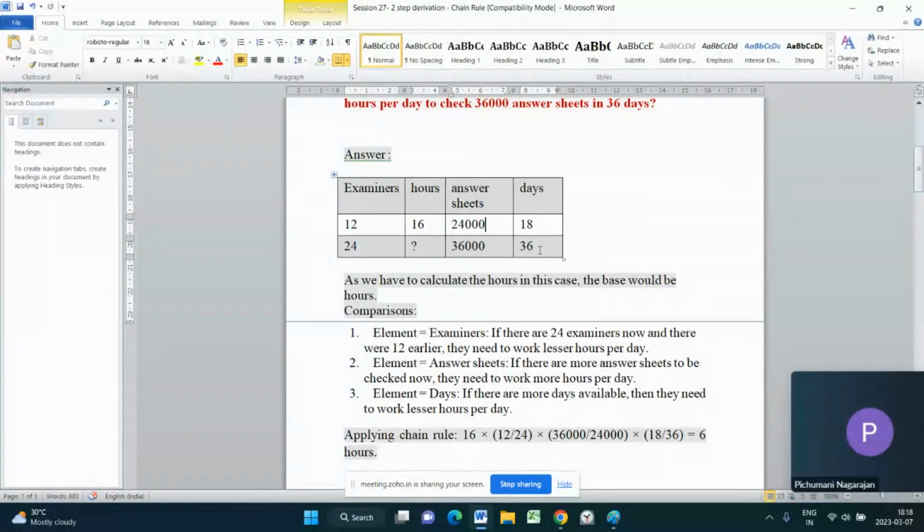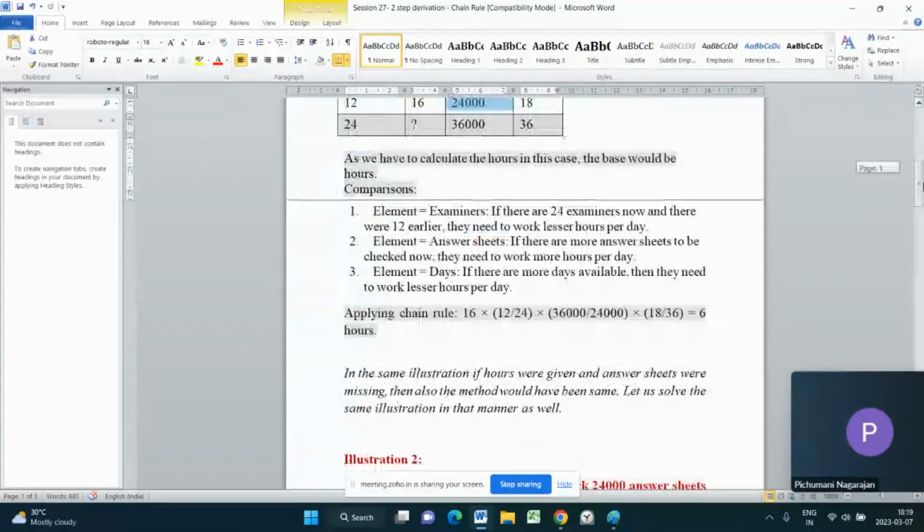I have to spend less. When I say I want to spend more hours, the more goes on top and the less goes to the bottom.